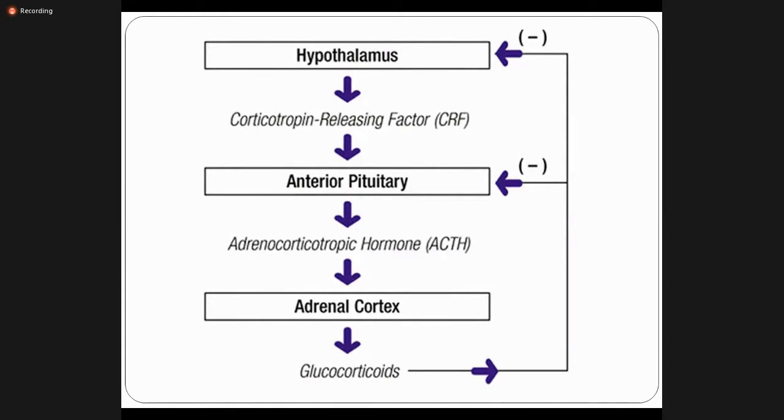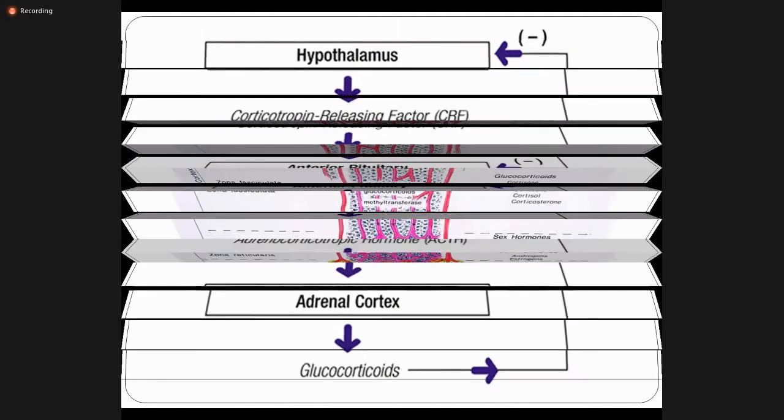And there is another negative feedback mechanism toward the hypothalamus. There is no need to release corticotropin releasing factor because we have enough glucocorticoids, right? So these are the negative feedback mechanisms.